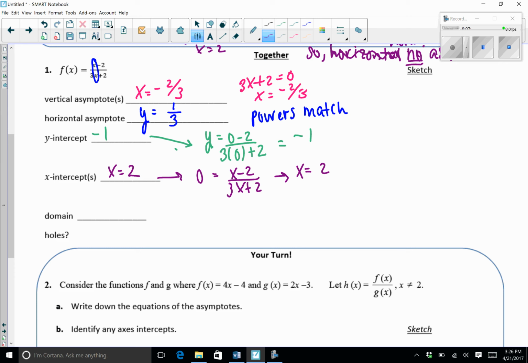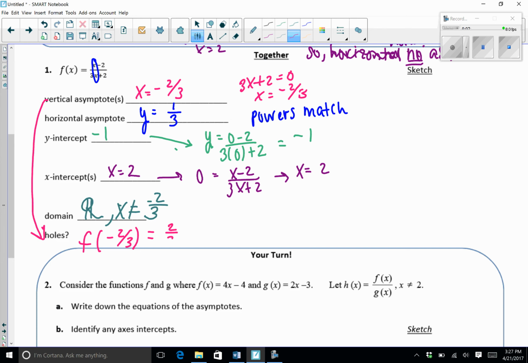Now, your domain is all of your values for x, so left and right, and in this case, rational functions, x can be all real numbers with the exception of that asymptote, so all real numbers, but x is not going to be equal to negative 2/3, and I have to check for holes. Now, checking for holes has to do with our vertical asymptote value, so I need to check at f equals negative 2/3.